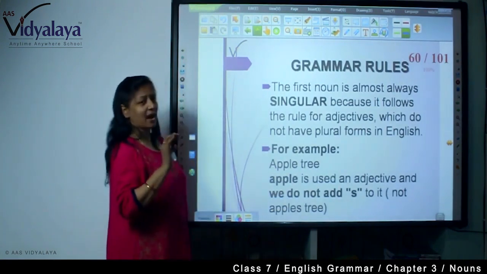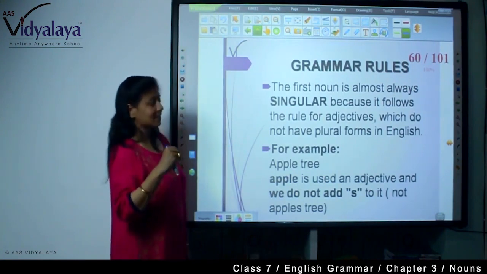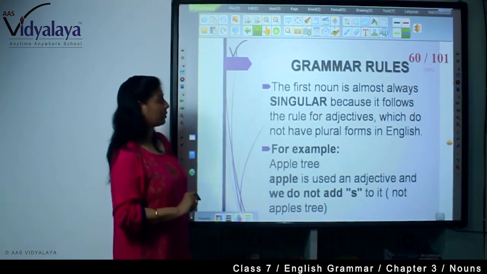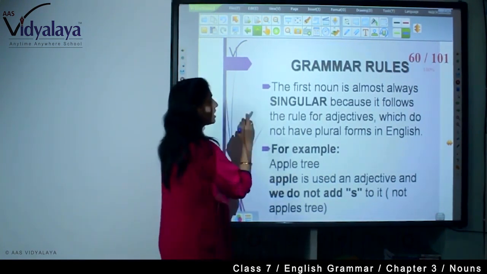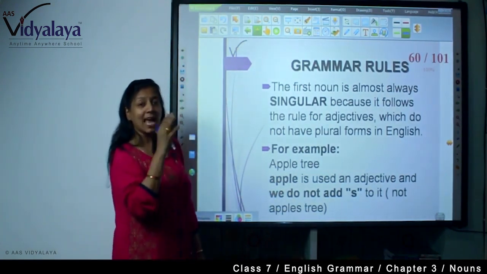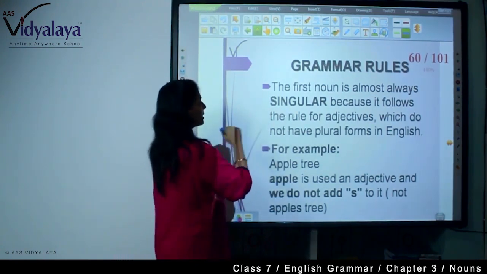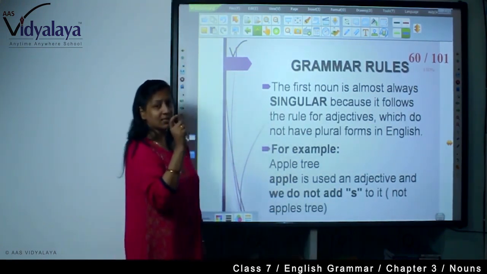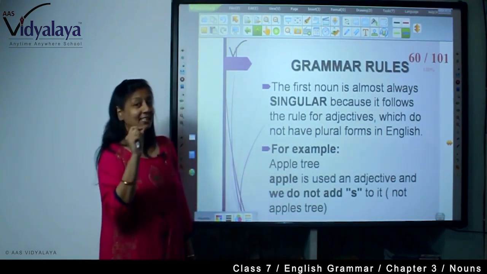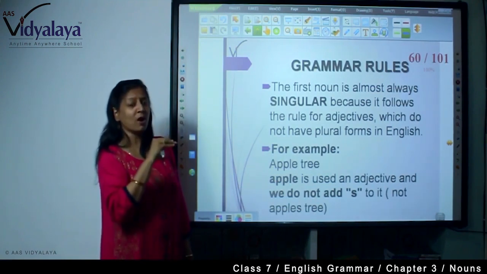Now, we have a few grammatical rules to write this adjunct, and you will have to be very careful in using this. The first noun is almost always singular. Apple tree, not apples tree. Right? Because first noun works as an adjective, and adjectives don't have that plural form.